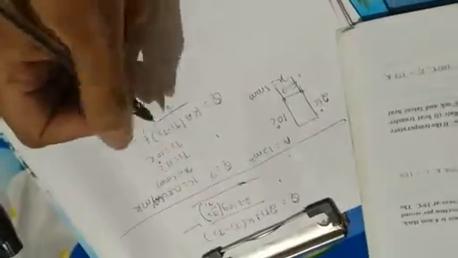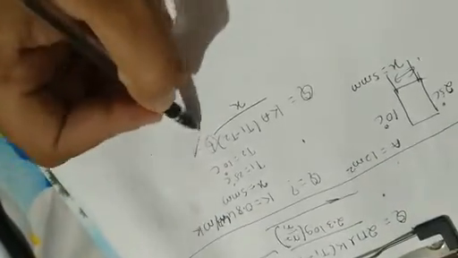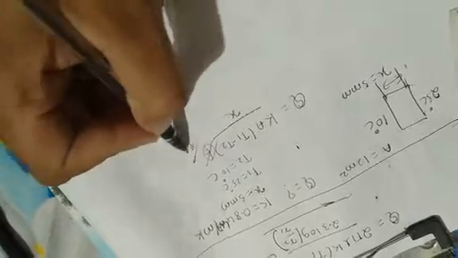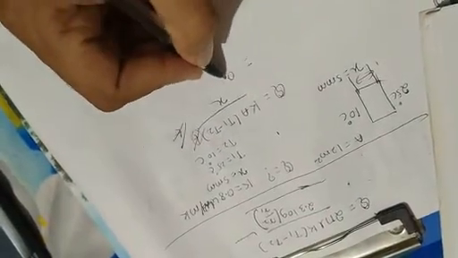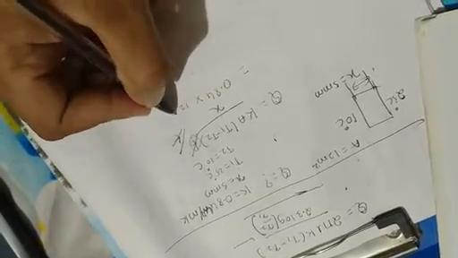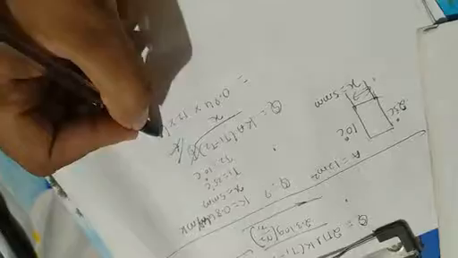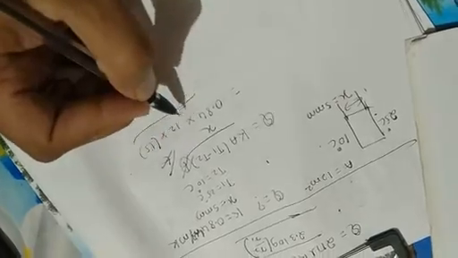Here t is the time. But in our problem they have asked for heat loss per second. Per second means this t will get cancelled. So K is 0.84, A is 12, T1 minus T2 is 25 minus 10, 15 degrees Celsius, divided by x.